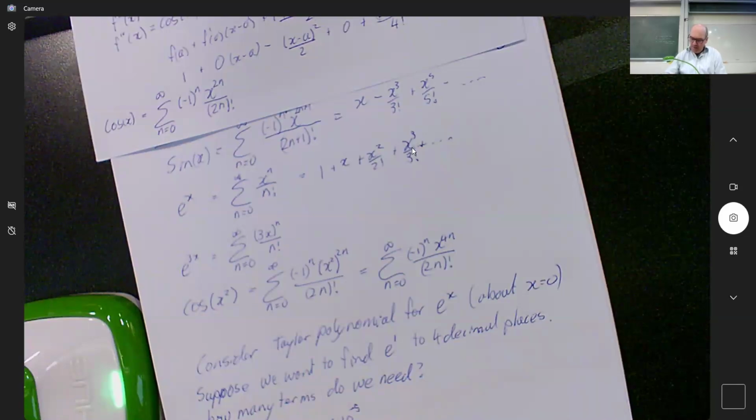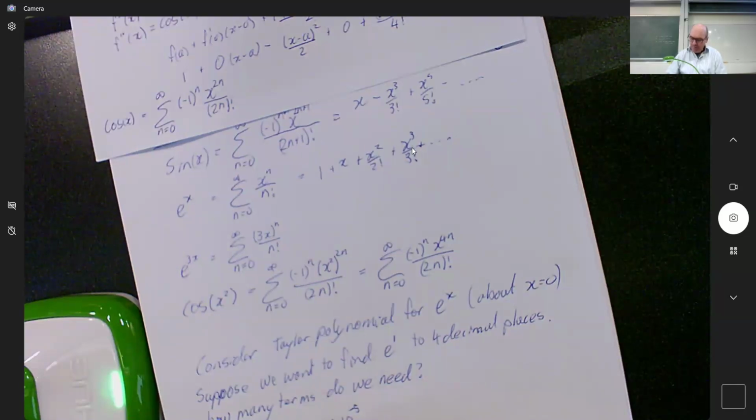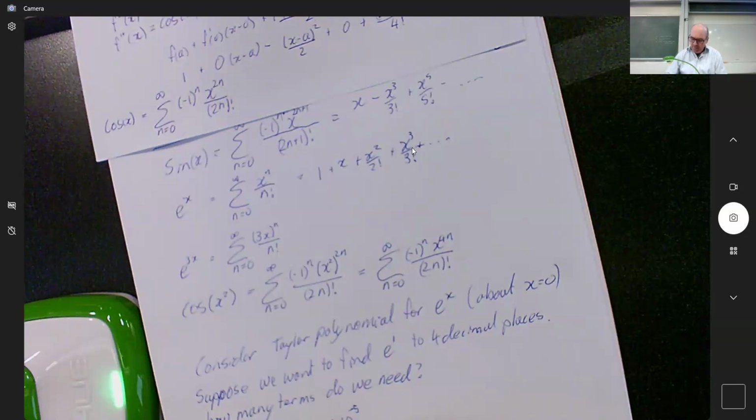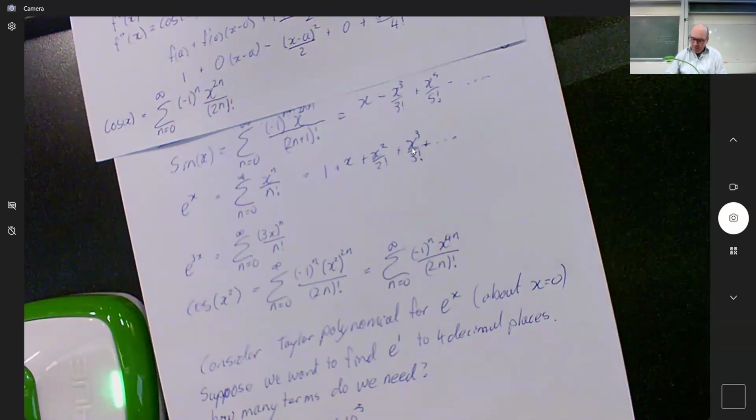So it should be f's n plus 1 derivative evaluated at xi, and then we should have an x to the n plus 1 on n plus 1 factorial. And I want that less than 5 by 10 to the minus 5.